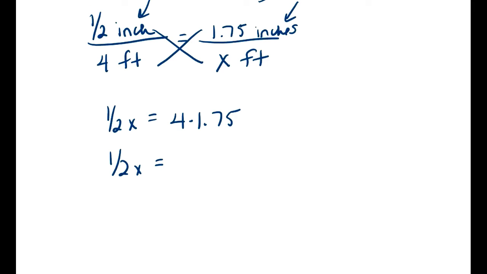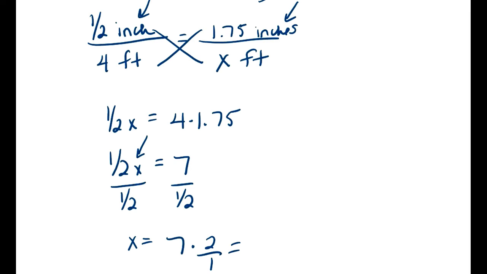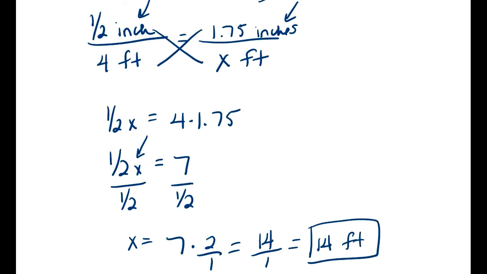So 4 times 1.75 is 7. And I'm going to divide again by 1/2 because we identified our variable. And remember, I take that second fraction, flip it so that I can multiply straight across, which is just 14 feet. So the principal's office is 14 feet in length.